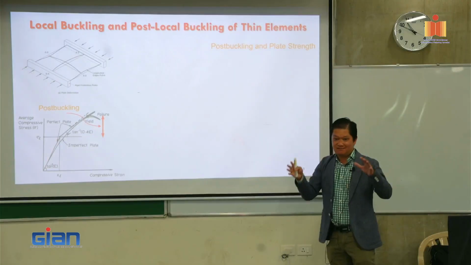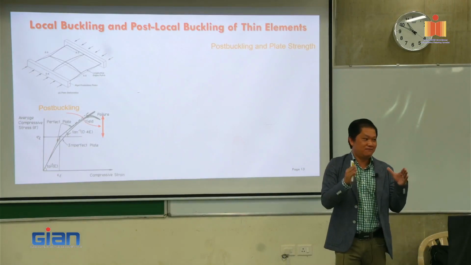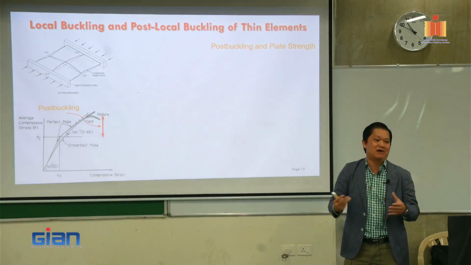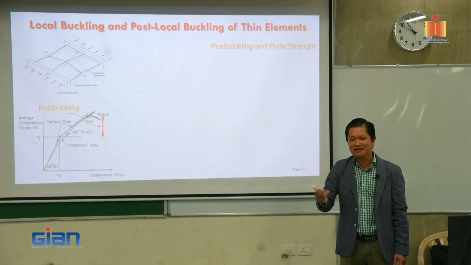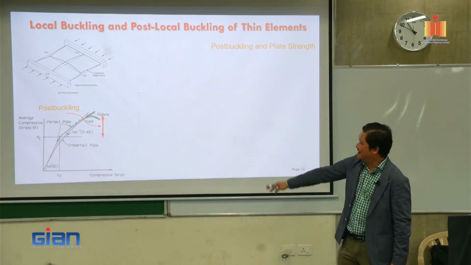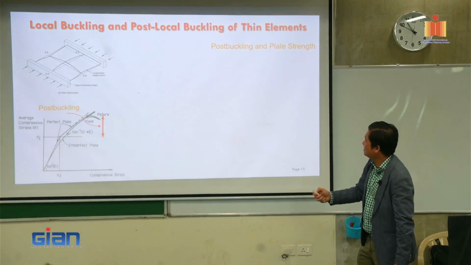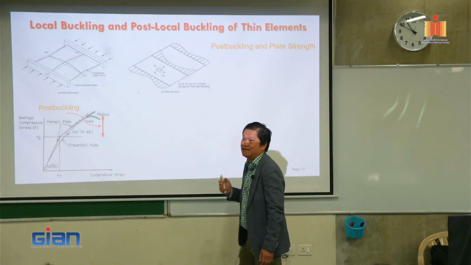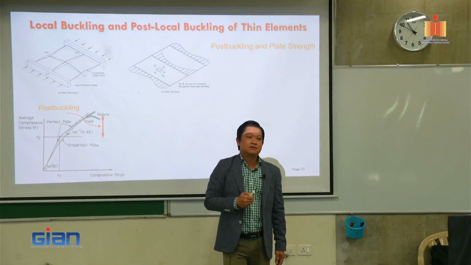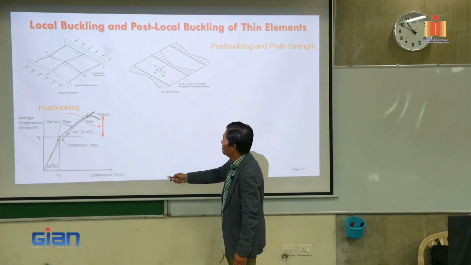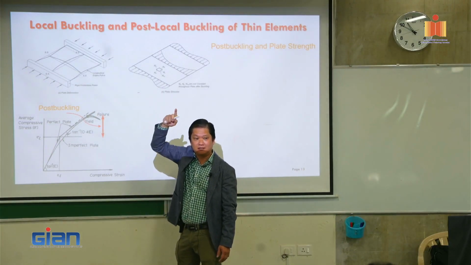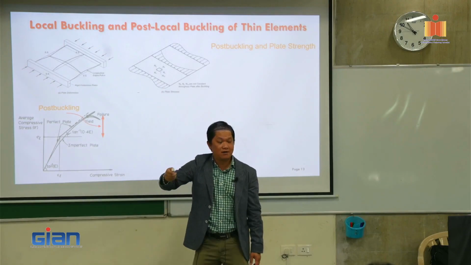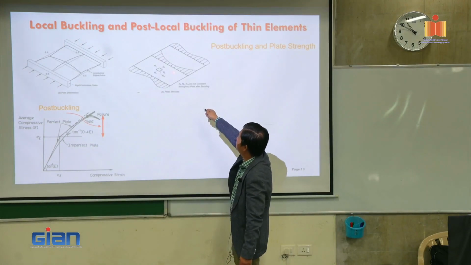Now, that post-buckling lays the foundation for our effective width method. That's what we are going to see in the equations in the standard, which are based on that. So what happens to the stress distribution now? Instead of being constantly distributed as per the sigma critical that we learned, it starts to redistribute.